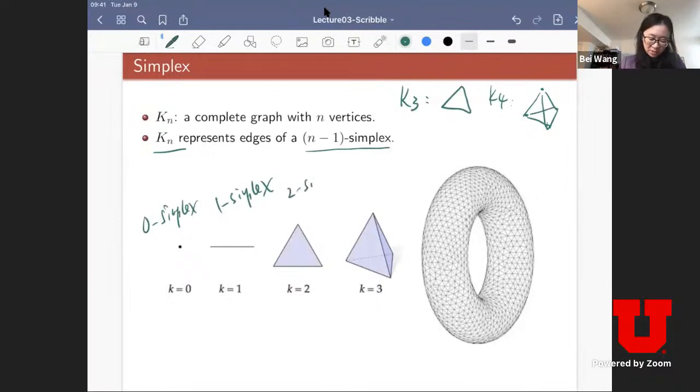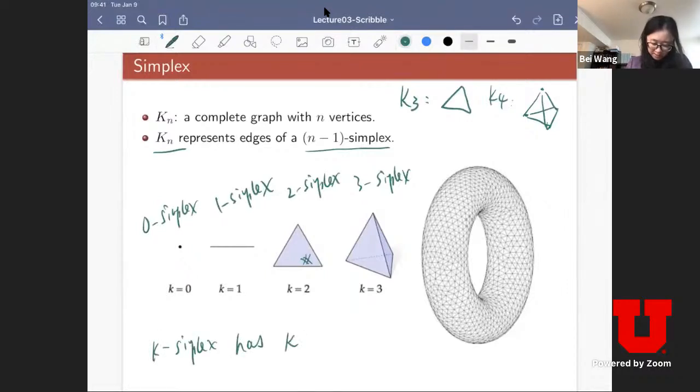A 2-dimensional simplex is a triangle. When I say triangle, it includes its interior, and a 3-dimensional simplex is a tetrahedron. All right. So essentially, a k-dimensional simplex has k plus 1 vertices.